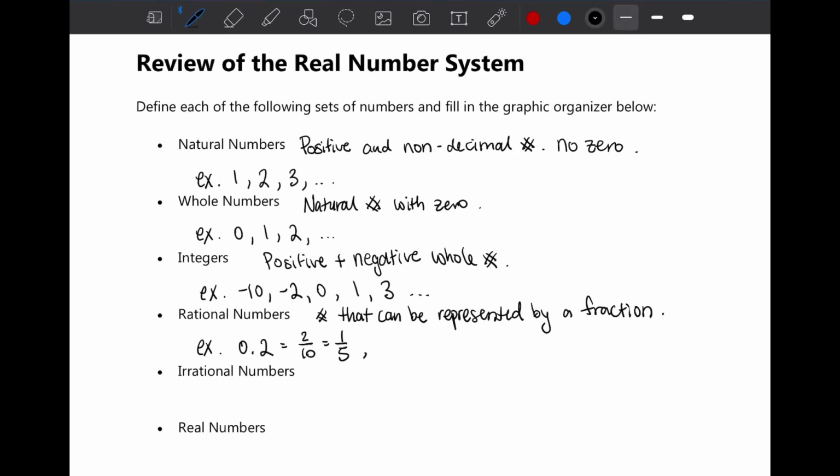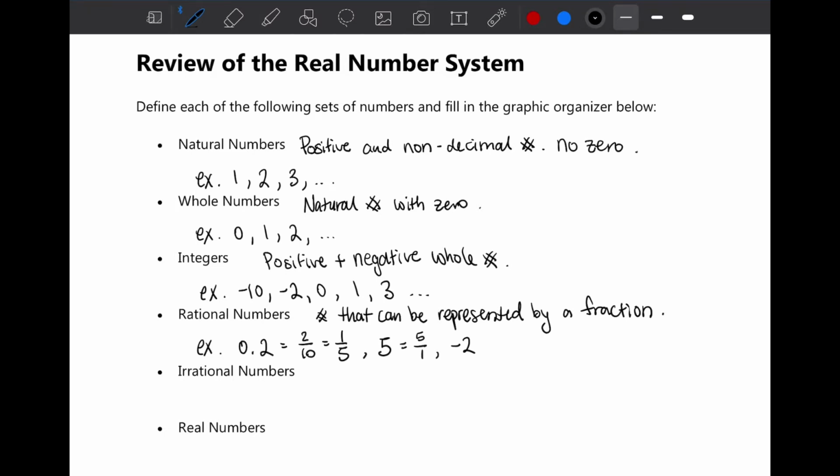You can represent that decimal into fraction, therefore it's a rational number. We can also say 5 is a rational number because we can rewrite this as 5 over 1, and also a negative whole number, or basically integers, are all rational numbers.